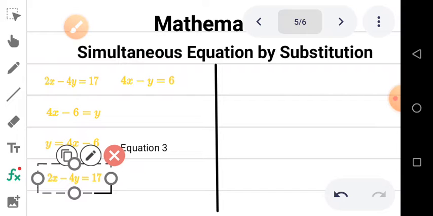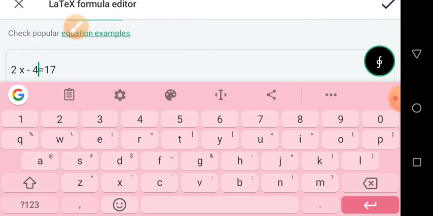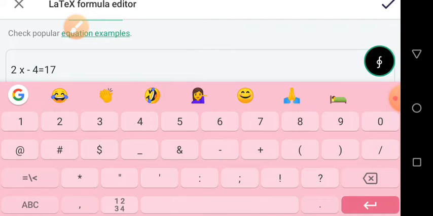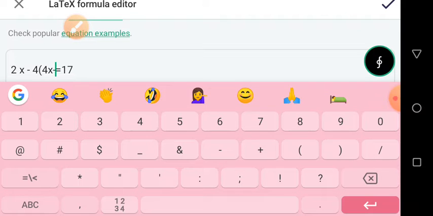So this is our y here, and we simply change it to 4x minus 6.